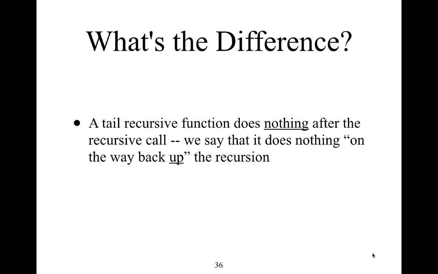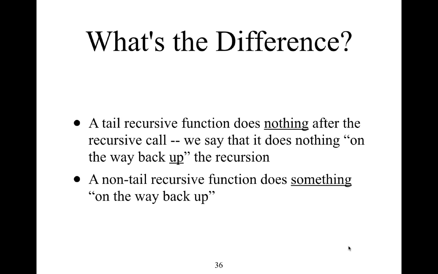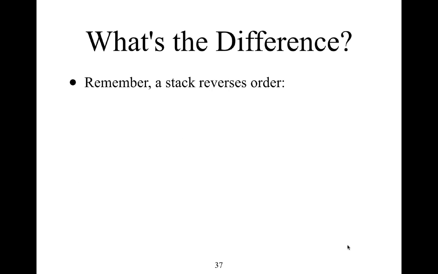What's the difference? A tail recursive function does nothing after the recursive call, which says that it does nothing on the way back up the recursion. A non-tail recursive function does something on the way back up. So remember, a stack reverses the order. Push 1, 2, 3, you get pop 3, 2, 1.